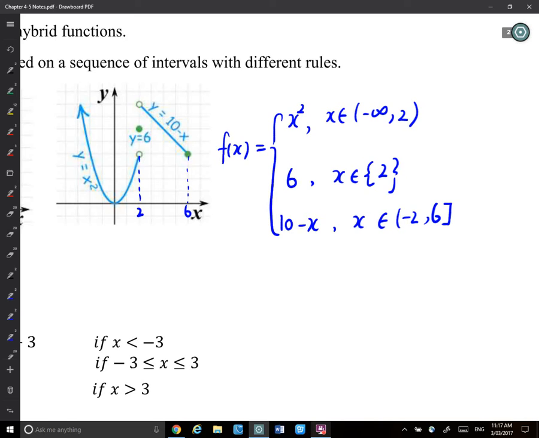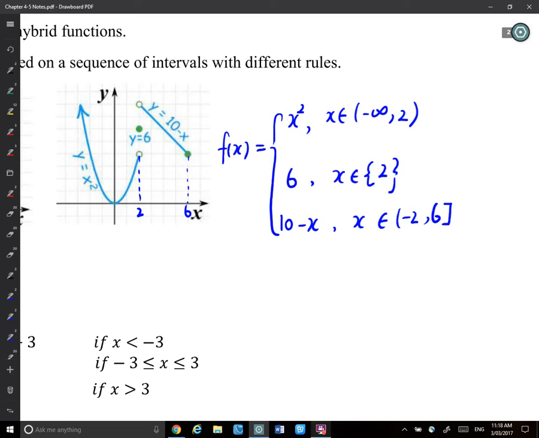Even though you have 3 rules, for one particular x, it can only go to one particular rule. For example, x equals 2 can only go to the middle one. It cannot go to the first one or the bottom one, because the domain does not include this 2.